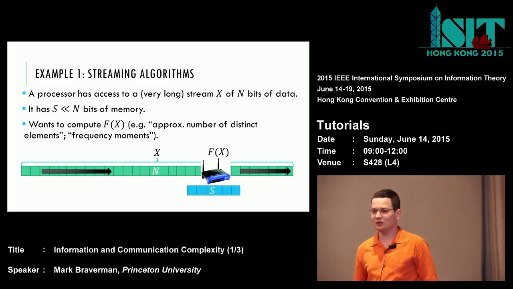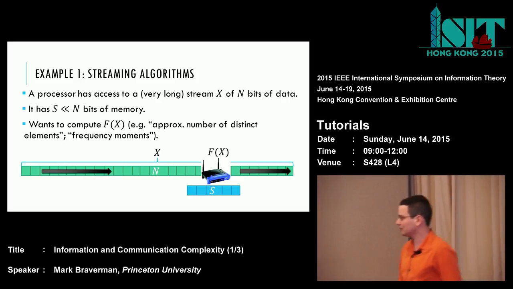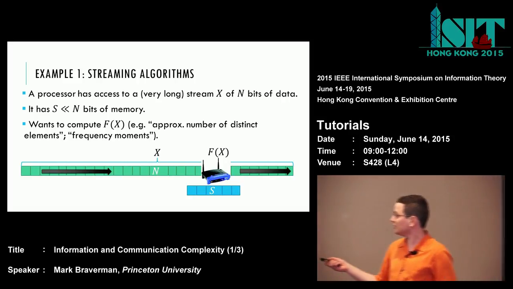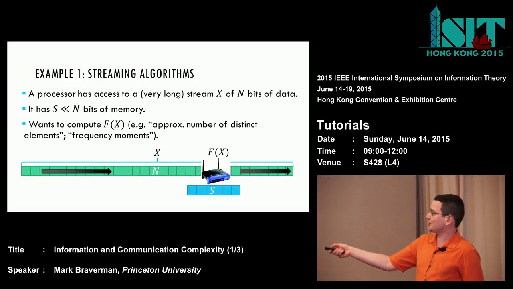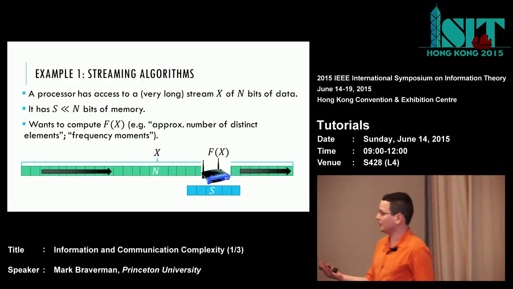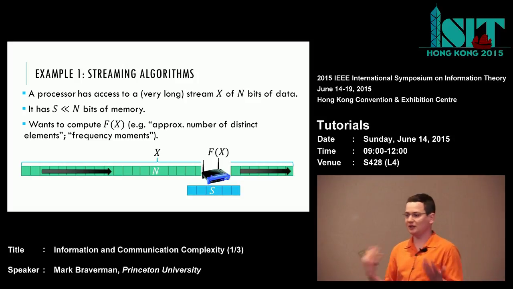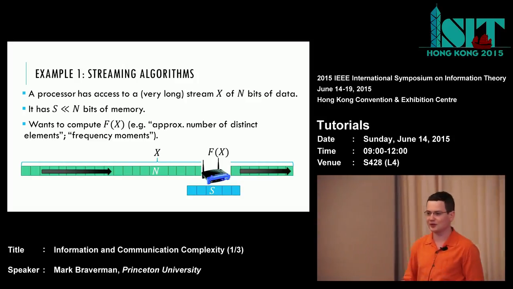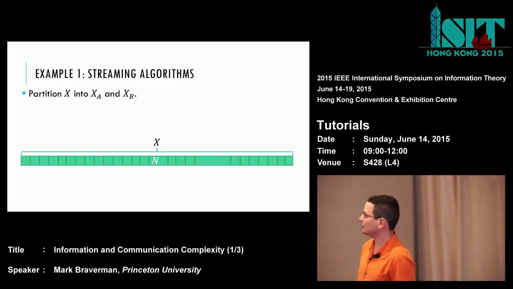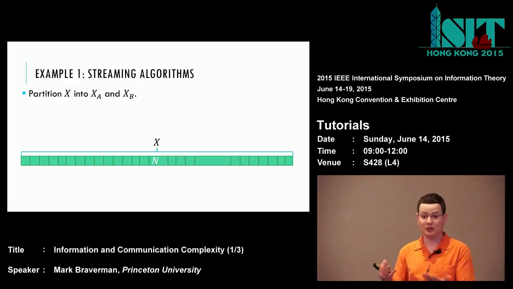You have 10 to the 15 bits flowing through it, but only 10 to the 9 memory, say. So you want to compute some function of the stream. Examples are approximate number of distinct elements, frequency moments, which is another type of statistics on frequencies of the elements, and so on. So how can you connect this to communication?